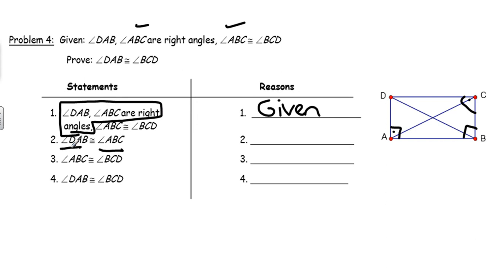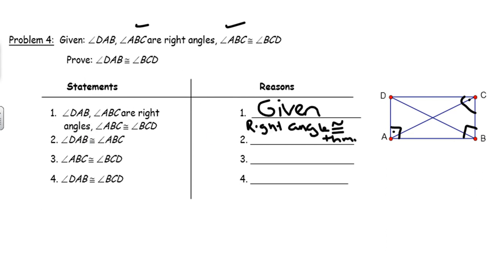And because ABC and DAB are right angles, they are congruent. If you remember what that's called, it's got the word right angles in it, and we established that right angles are congruent, so that's the right angle congruence theorem. And as always, you can abbreviate as long as it's clear what you're trying to say.